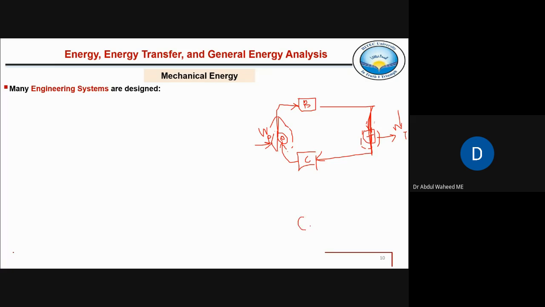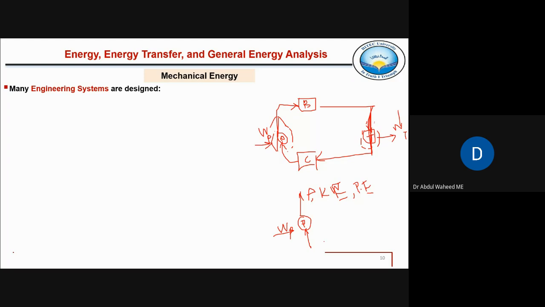The fluid entering this pump enters with a certain energy, and we add energy to it. What this energy does is raise its pressure, or kinetic energy, and the third one is potential energy.